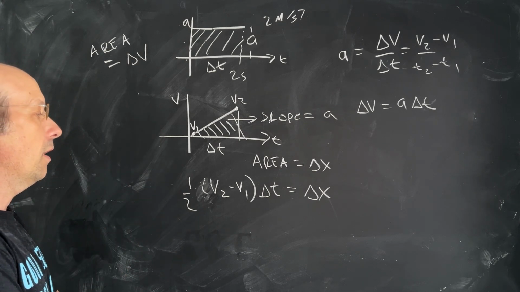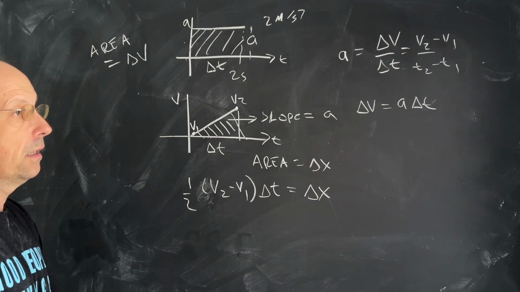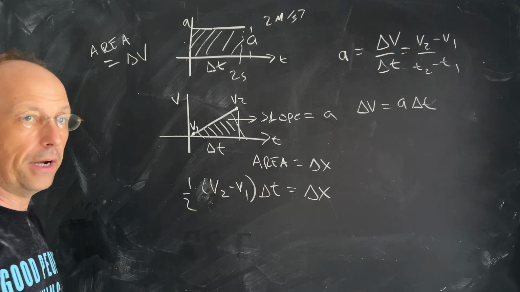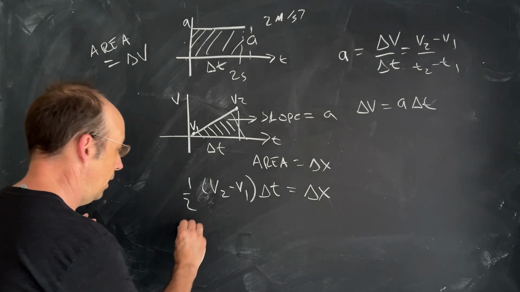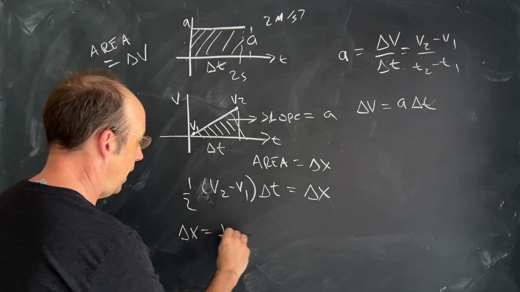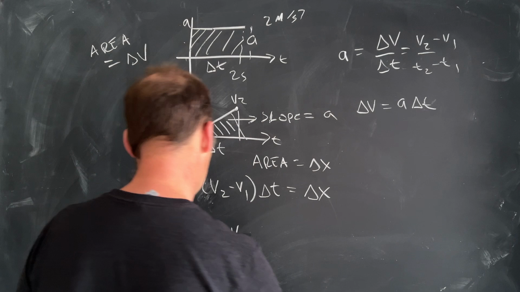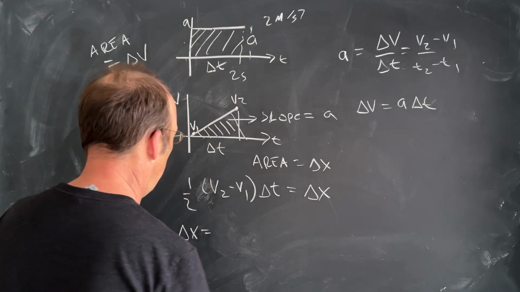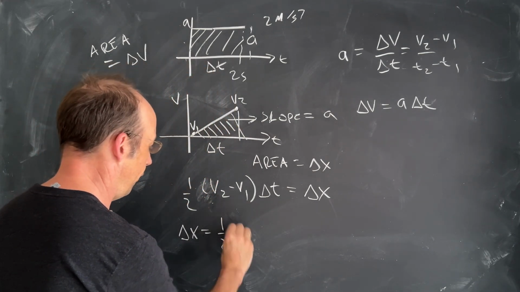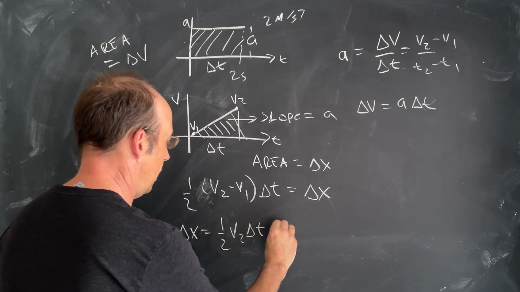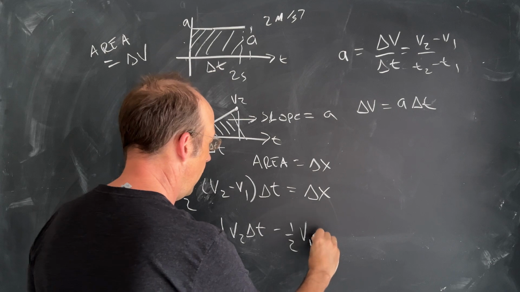Now, think about this. Let's just multiply this whole thing out. Let's say delta x is 1/2 v2 delta t minus 1/2 v1 delta t.